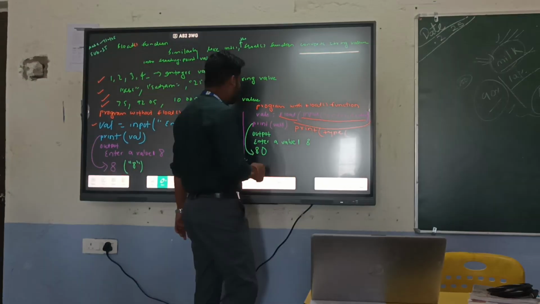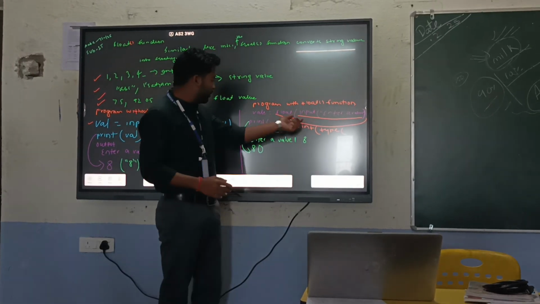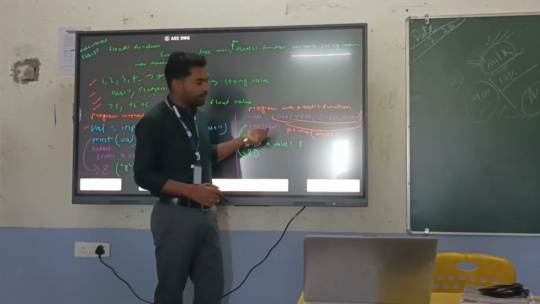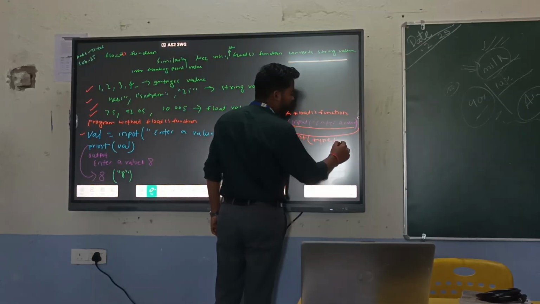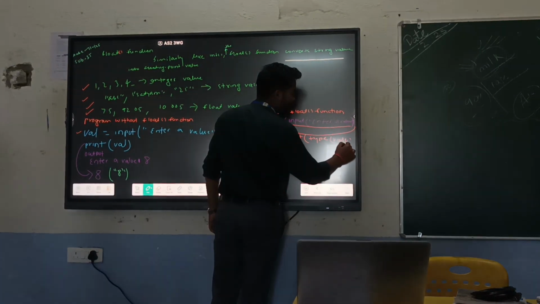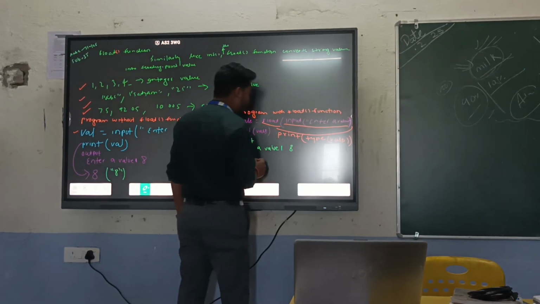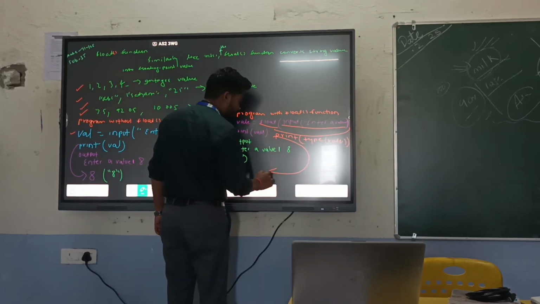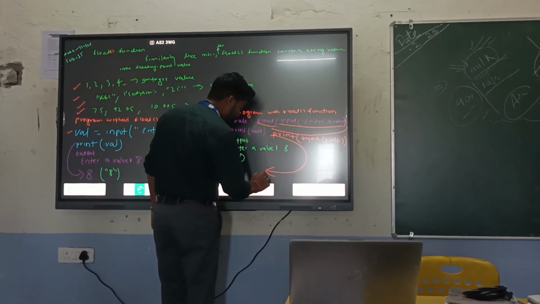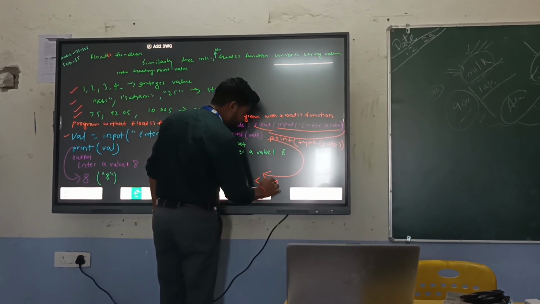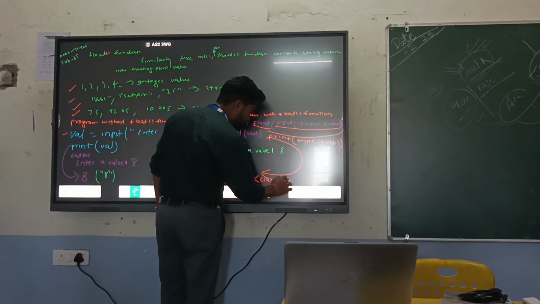I am storing that value in this variable whose name is val1, so I will pass the name of the variable. What will be the output of this code? The output of this code will be like this: class float.